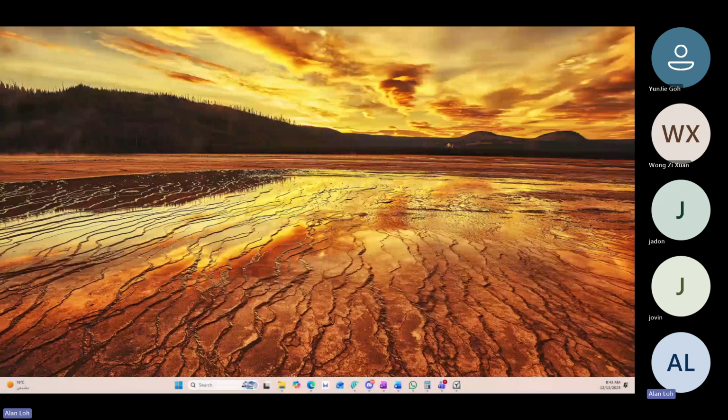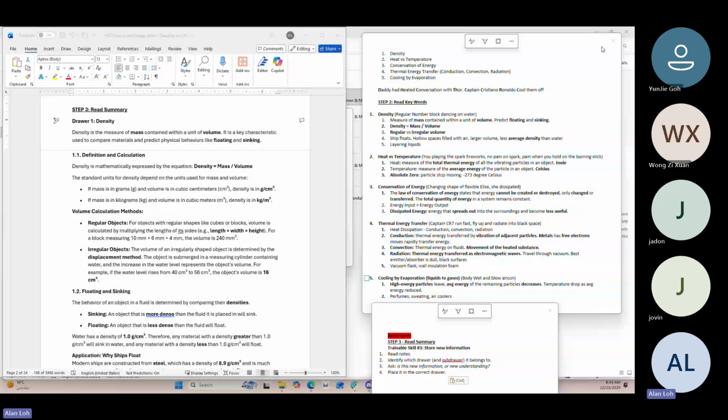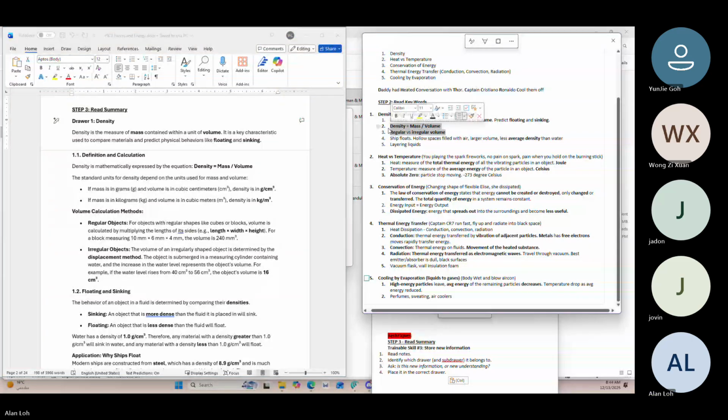And if you want to go to the subdrawer or the sub items over here, it is related to density, number 2, and also number 3, regular versus irregular volume. Right? Anyone having any objections? No objection, then we'll go straight to the next one.